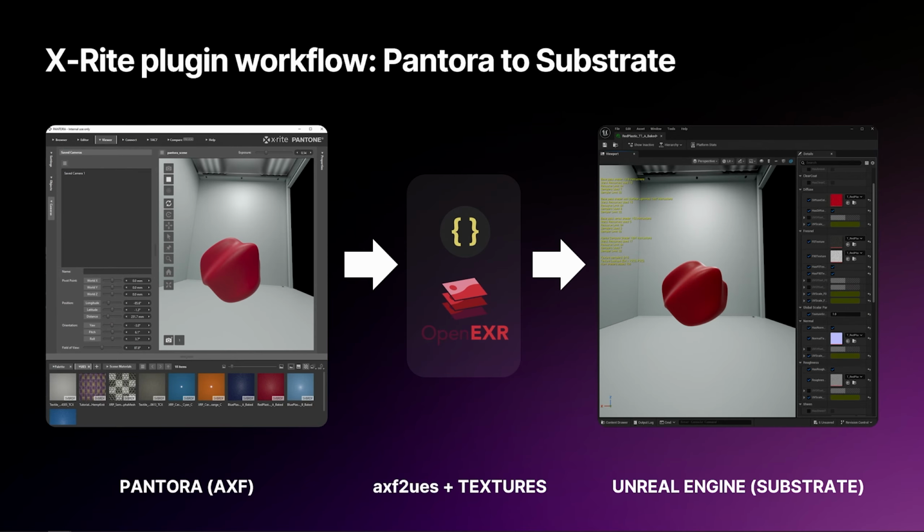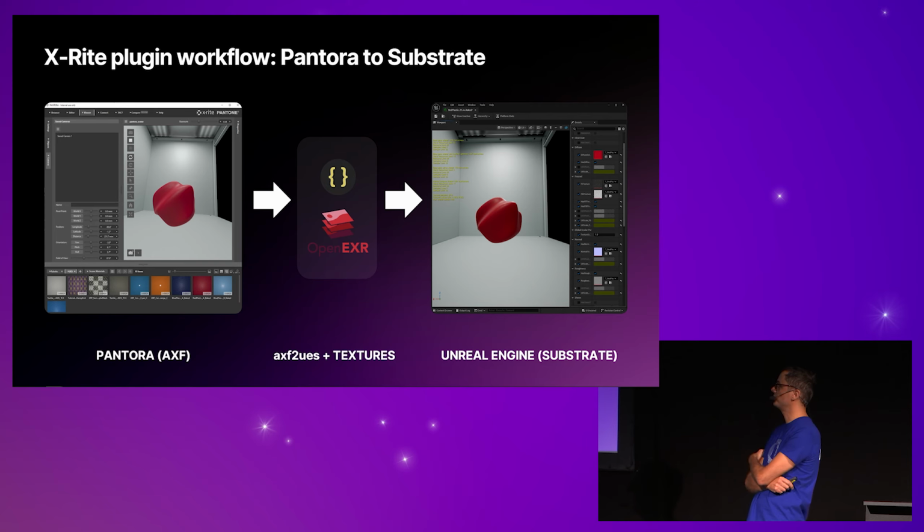This slide is more what I want to show here is that the fact that we have Substrate now enables us to make custom surface representation. We work with X-Rite guys that make, if you're working in the automotive space, you know them. They make scanners to scan materials, and then to get them into the engine, the cool thing is that they have their own material representation for materials.